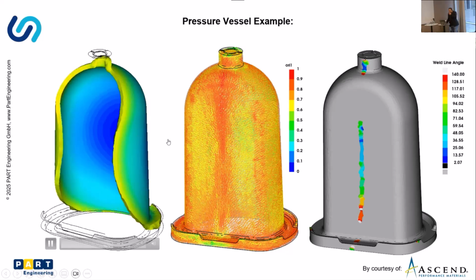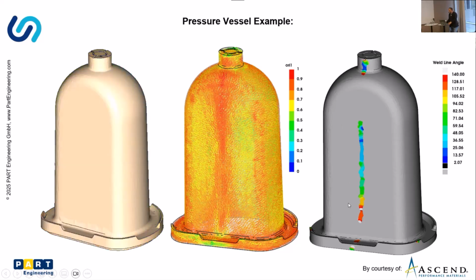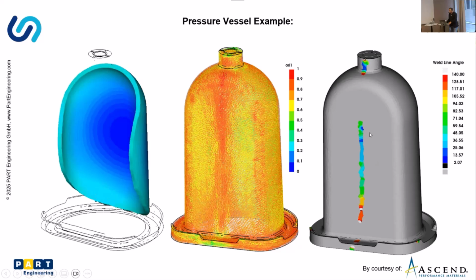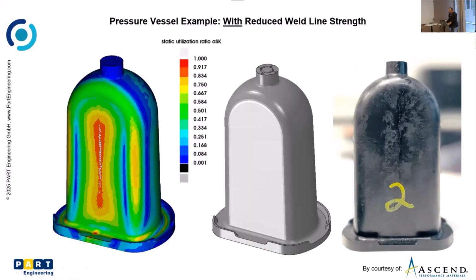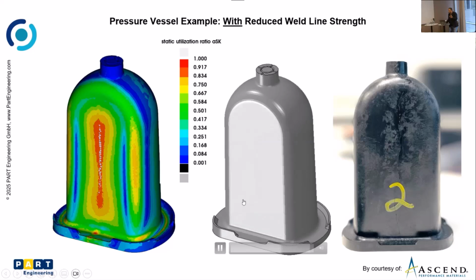Same thing here, you can consider the fiber orientation all over the part, and the different angles in the area where the weld line was created. If you do that, it is possible to figure out that this would be a weak spot for the part, and even have some element deletion there and the part cracking in the weld line.